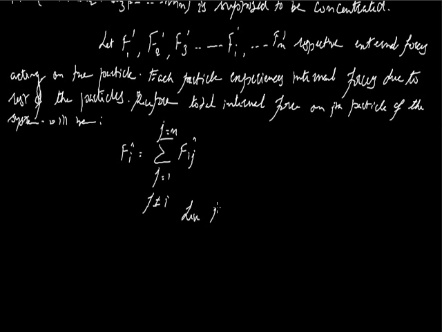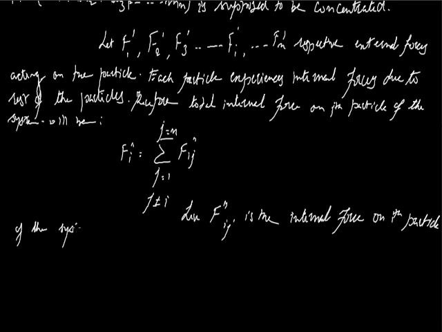Here Fij is the internal force on the ith particle of the system due to the jth particle.